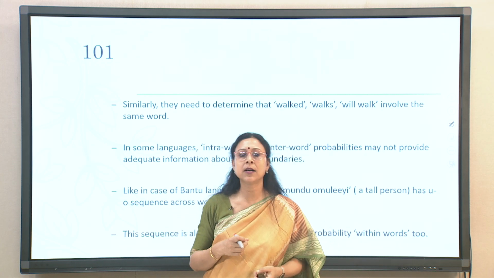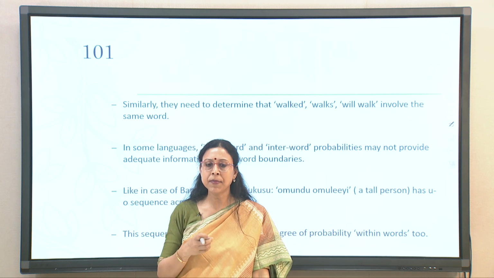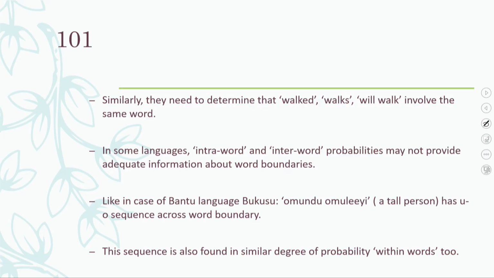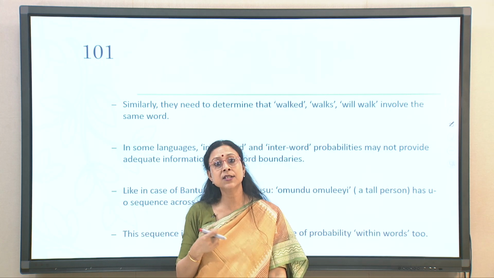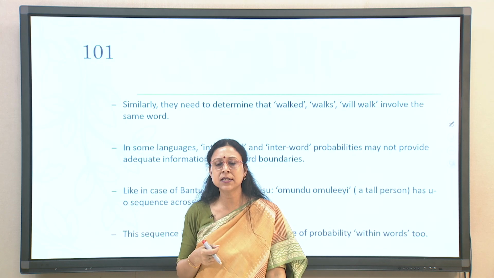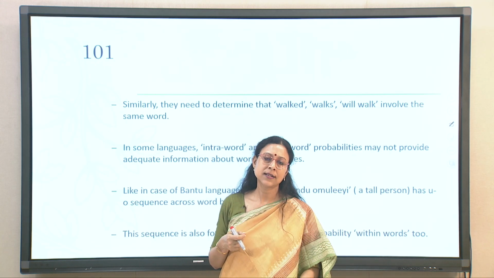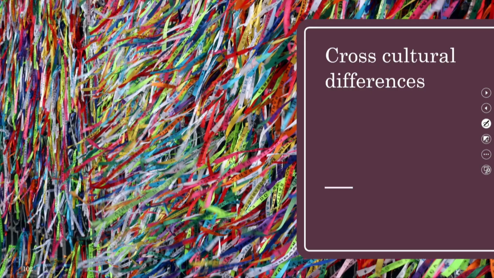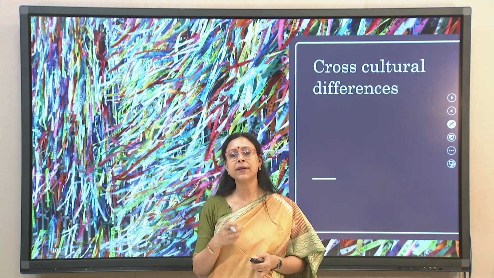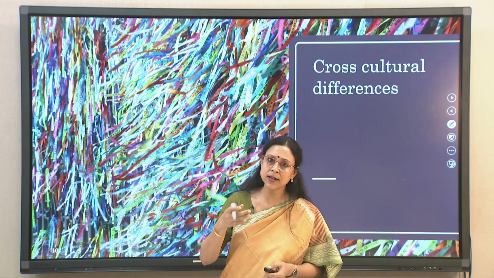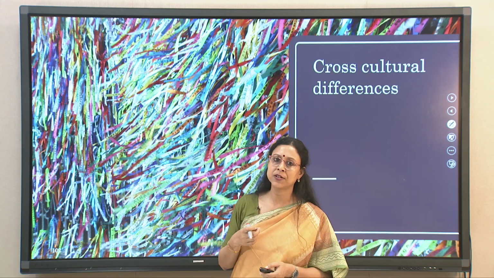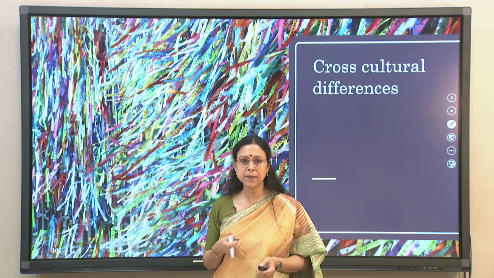One example is a Bantu language, Bokusu, where the OU combination and UO combination are equally possible at a word boundary as well as within a word. In this kind of scenario, statistical learning will not help. This is statistical learning with respect to the input that they get: on the basis of the input, they use statistical knowledge and thereby induce the information, but there are cases where there might be problems.